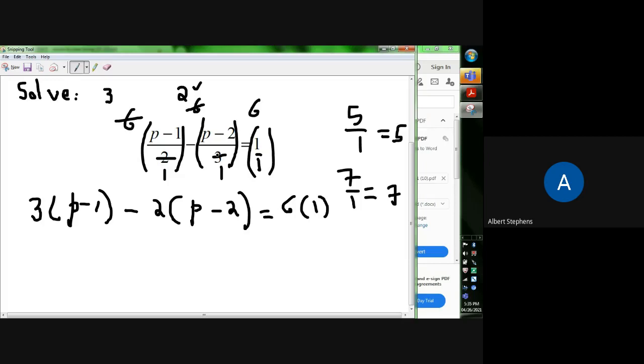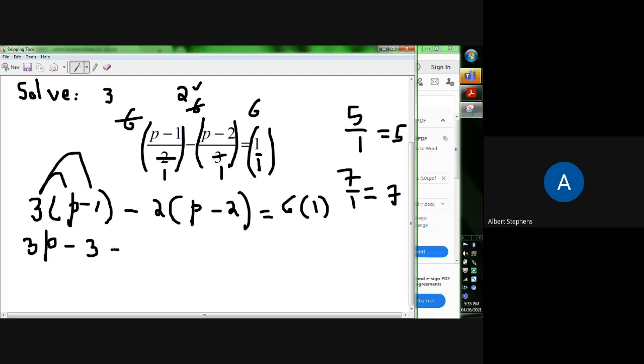Then now we're going to use the distributive property. 3 times p is 3p. What's 3 times 1? 3. Notice that I didn't use the rules of multiplication because 3 times p is just 3p. 3 times negative 1 is negative 3.